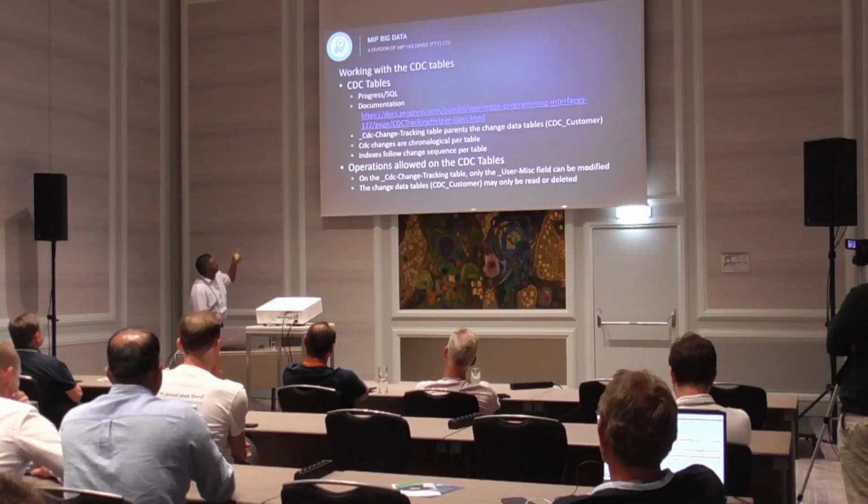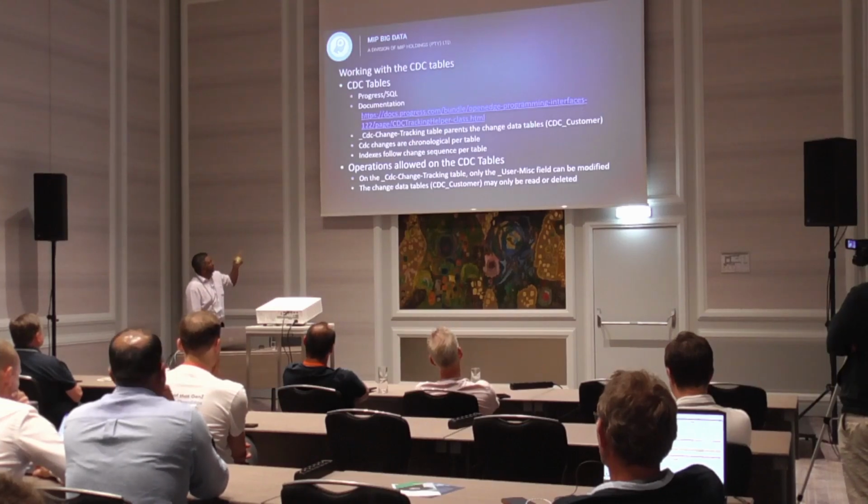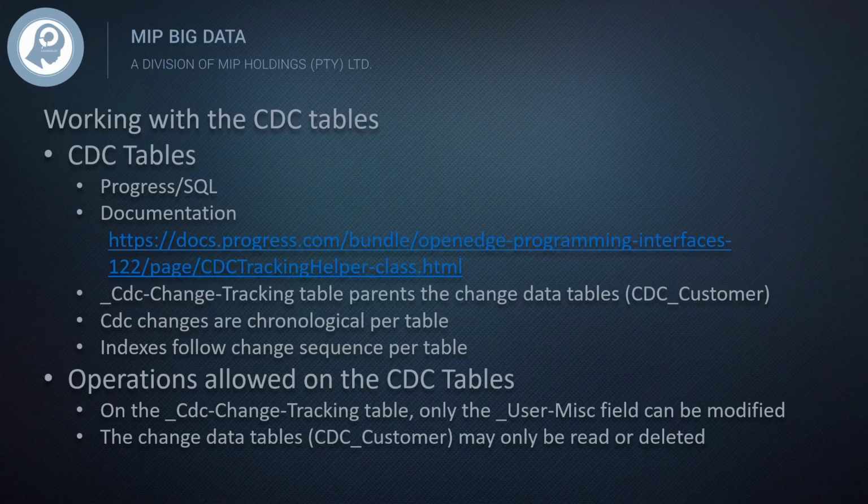All right, so the operations allowed on the CDC tables, I mentioned this already. They are frozen, so you can only read and delete them. There is an exception. On this change tracking table, there is a user miscellaneous field that can be modified. It's the only one that can be modified.